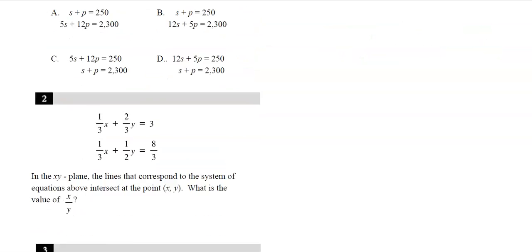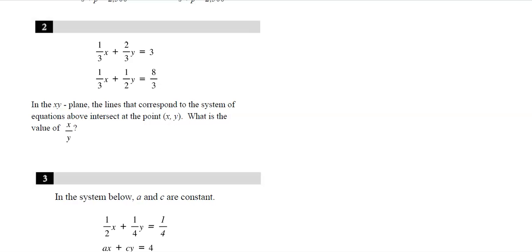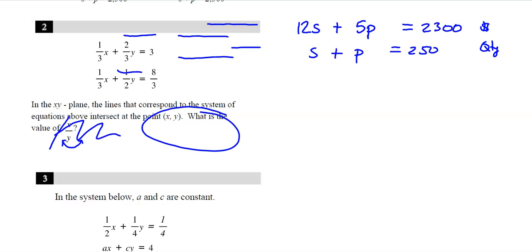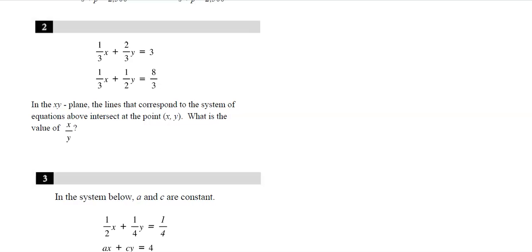Moving right along. Number 2, right out of the gate, I see that we have some fractions to deal with. So my move always is I'm going to clear some fractions out. I clear fractions out by multiplying each row by the LCD, or the least common denominator, a number that both of those can go into.